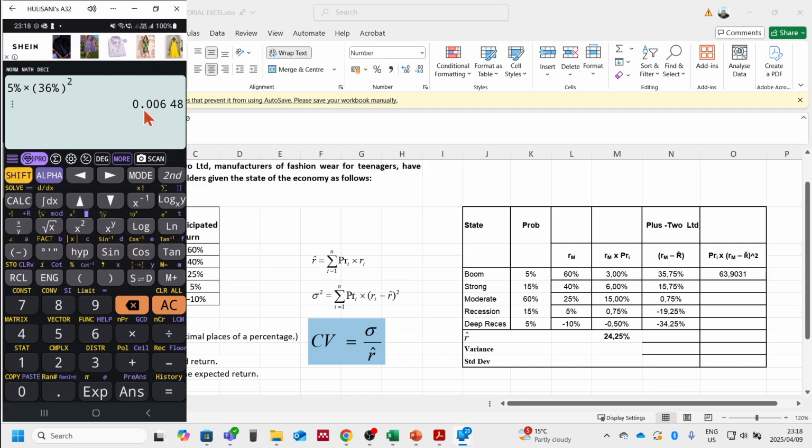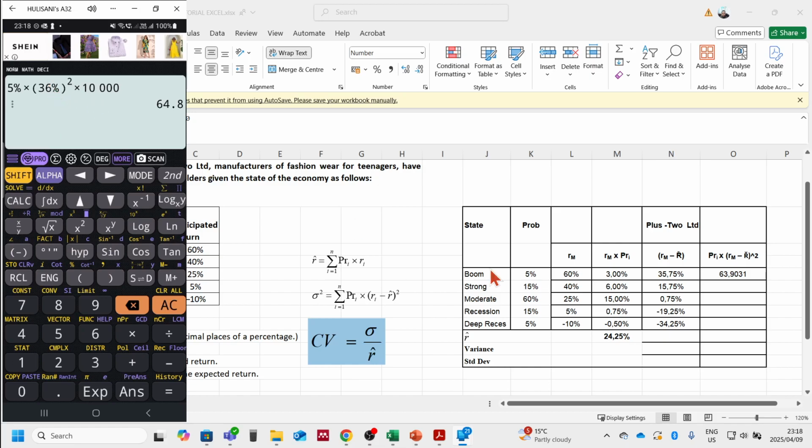We count the digits before the last number. So we have 1, 2, 3, and then these are the two digits that we normally have. After these digits, you'll see that we have three digits. So to convert this back, we know that 100 multiplied by 100 is 10,000, so we multiply this by 10,000 to give us the full amount in percentage format.